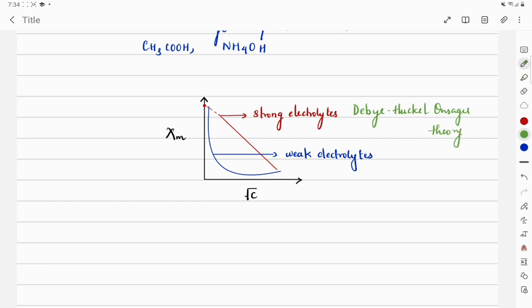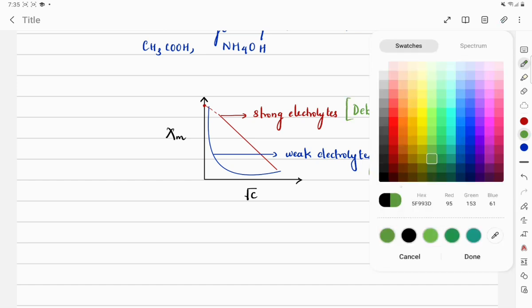And the theory which will explain this variation for weak electrolytes is the Arrhenius theory, which can also be called Ostwald's dilution law.